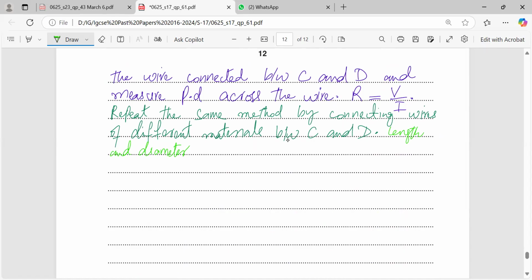Length and diameter of wires of different materials must be kept constant, or they should be the same.